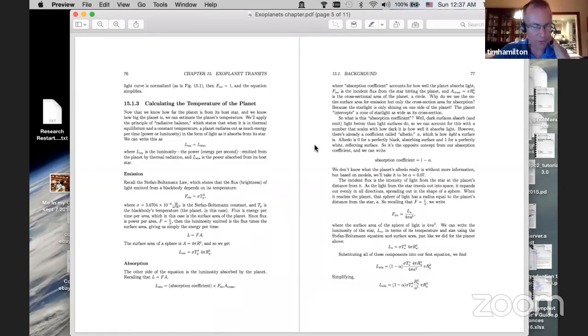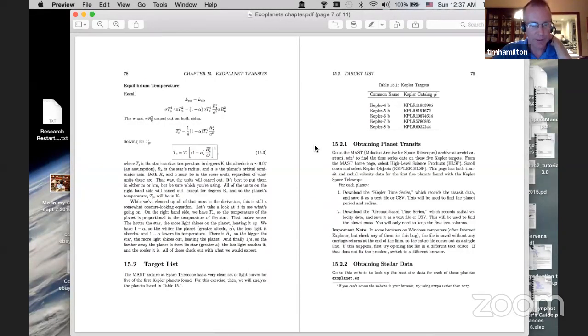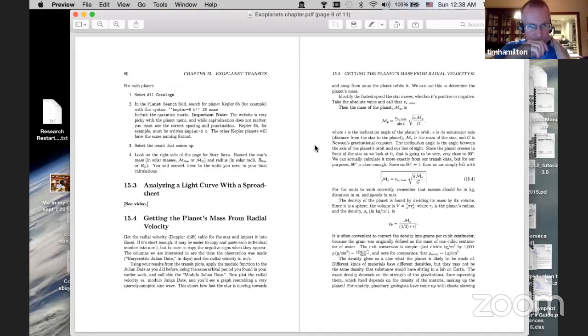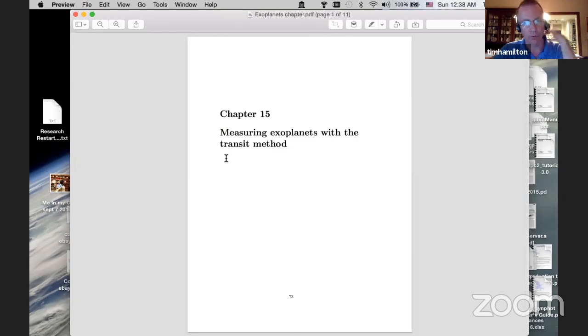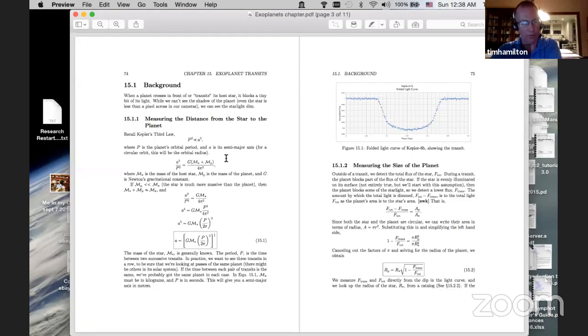We'll calculate the temperature of a planet based on that. And then we'll also take data from other observations on the radial velocity, which will get us the mass of the planet. And then we can calculate the density and try to figure out what type of planet it is, what its composition is. So let me explain what this looks like.